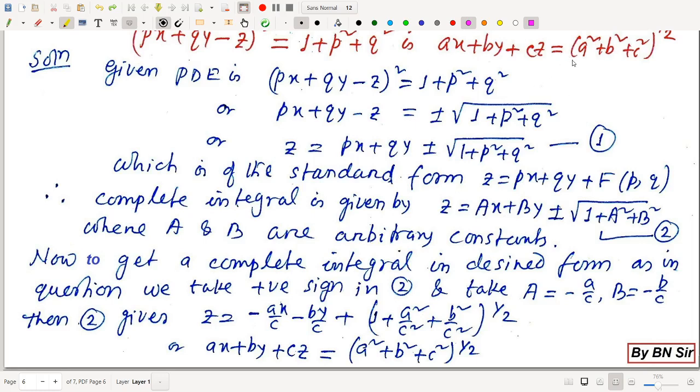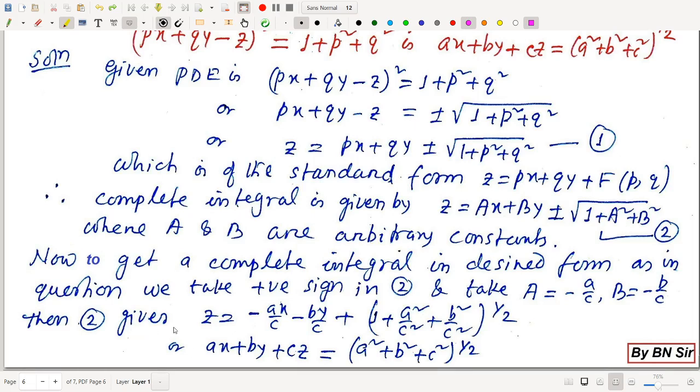But in the answer there is no plus or minus, so we shall take only the plus sign and we shall adjust the arbitrary constants capital A and B. Now to get the complete integral in the desired form as given in the question, we take the positive sign in number 2, and take capital A equals minus a by c, capital B equals minus b by c.